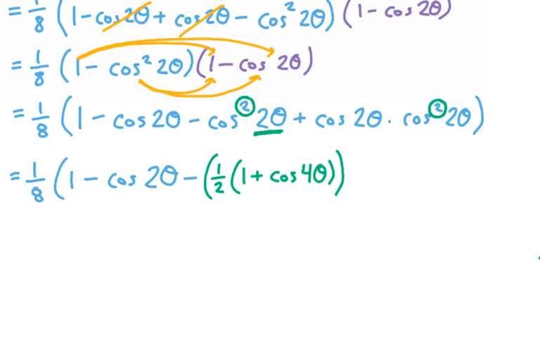And then I'll write down the plus cosine 2 theta. And then we bump into another opportunity to utilize that cosine squared definition. So in place of cosine squared 2 theta, again, we'll put 1/2 the quantity 1 plus cosine of double the angle, where double 2 theta becomes 4 theta.